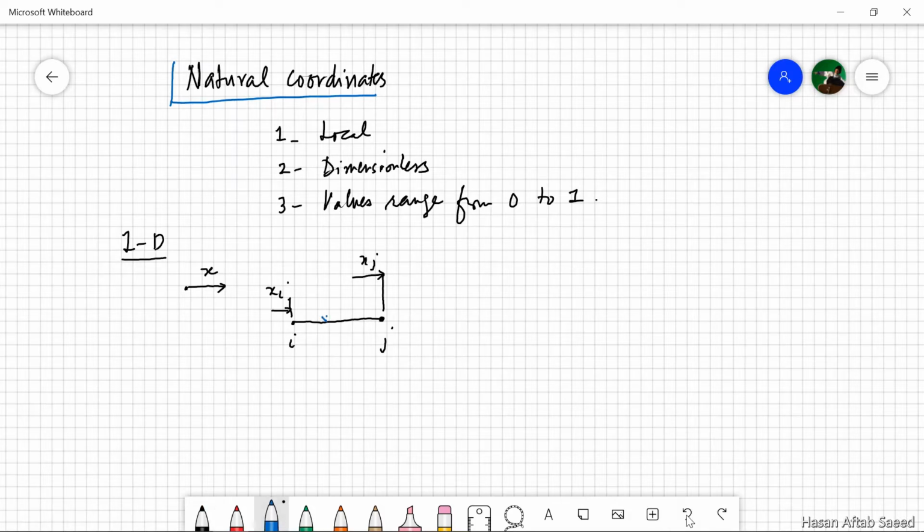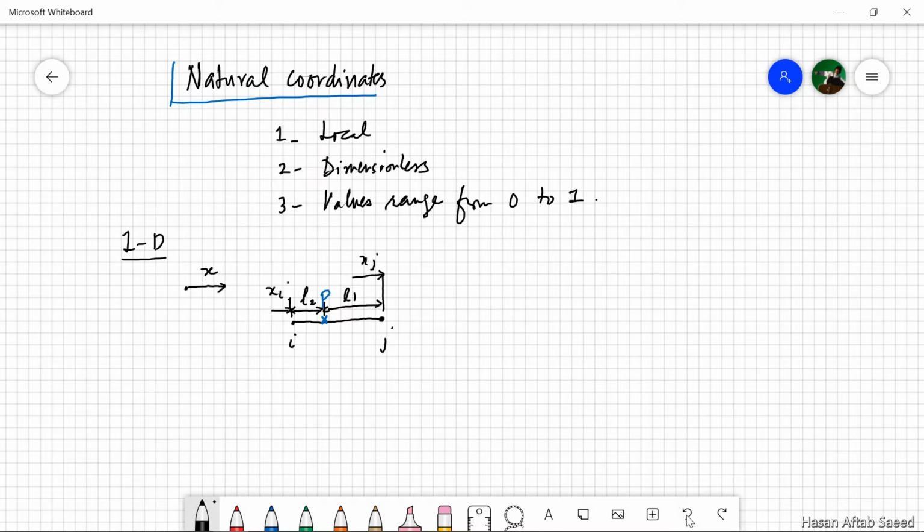Let's say there's a point P here, and this P can be anywhere between i and j. This means that this distance and this distance are variable, you can change. Let's call this small L1. On the opposite side of i is L1, on the opposite side of j it is L2.